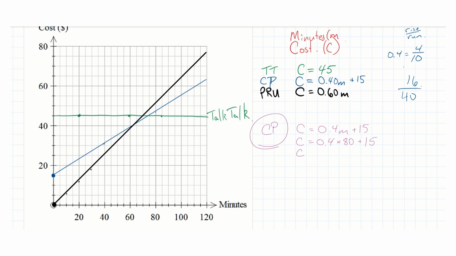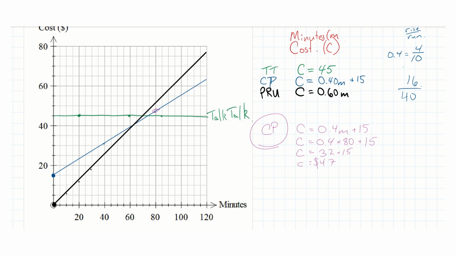So when I work this all out, 4 times 8 is going to be 32. 32 plus 15, C equals 47. So CP is going to equal $47, which sure enough is about what we expected. That's about where we were.